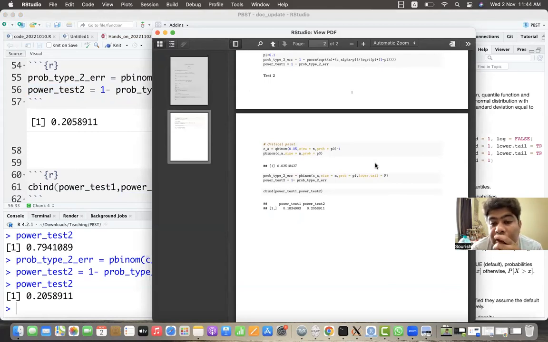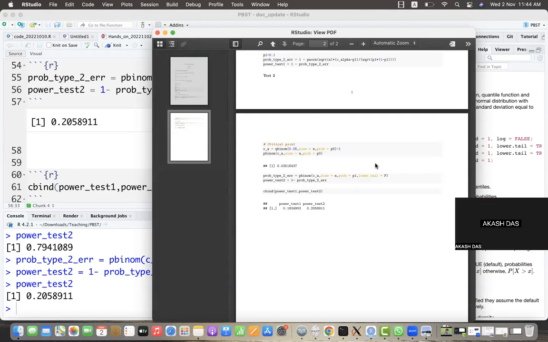So now if you see the power of test 1 and power of test 2, given everything same, the power of test 2 is better compared to the power of test 1. Can anybody guess why test 2 is doing better than test 1? Essentially test 1 is based on the sample proportion.